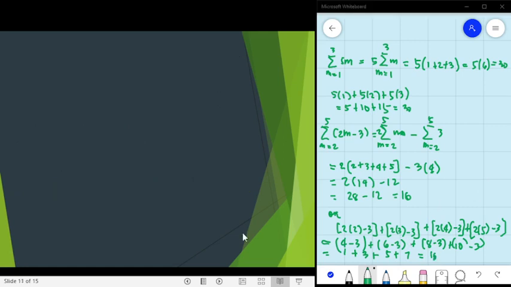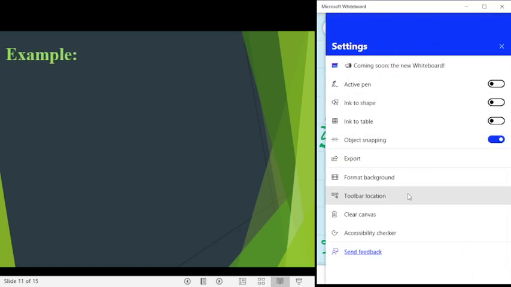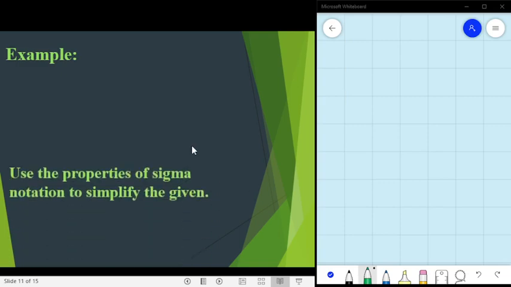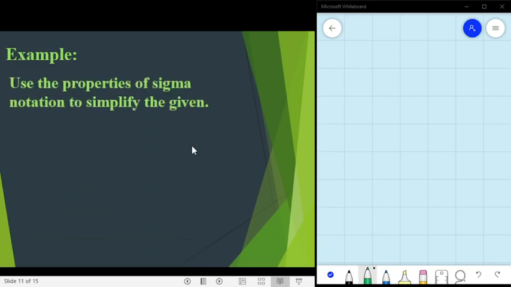Example: use the properties of sigma notation to simplify the given. Okay, so we have the summation of 2 minus 3k, where k runs from 1 to 4.